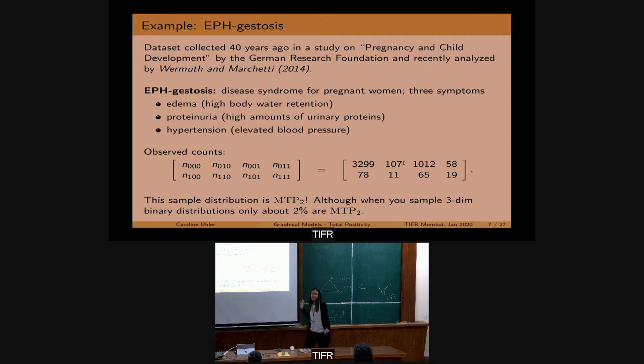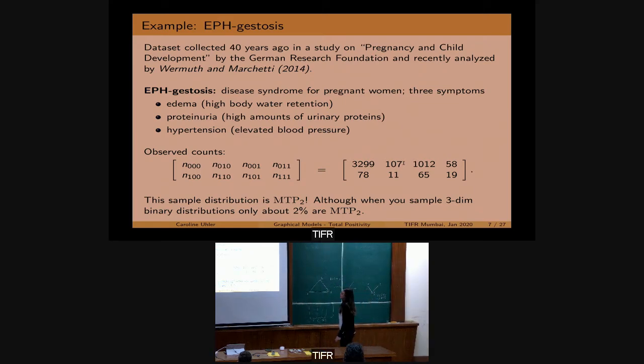But you can already have the intuition: this is a disease syndrome, you're measuring these three variables, so probably they are positively dependent, right? So either you have the disease or you don't. If you have the disease, then the three variables will be positively dependent. That's why we looked at this particular example. This was the first one we checked, and it's actually MTP2. So yes, it is super restrictive, but there will be many examples that actually satisfy this. So it might actually be a good constraint to take into account.